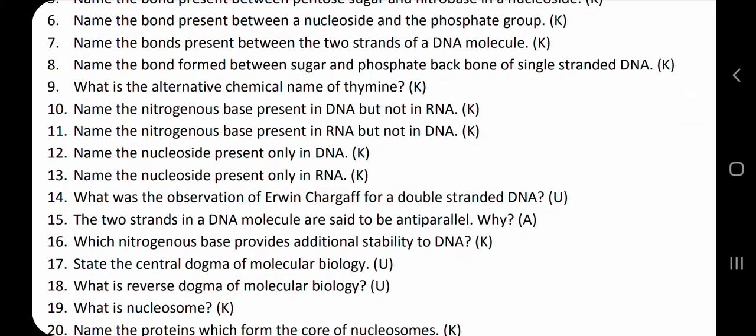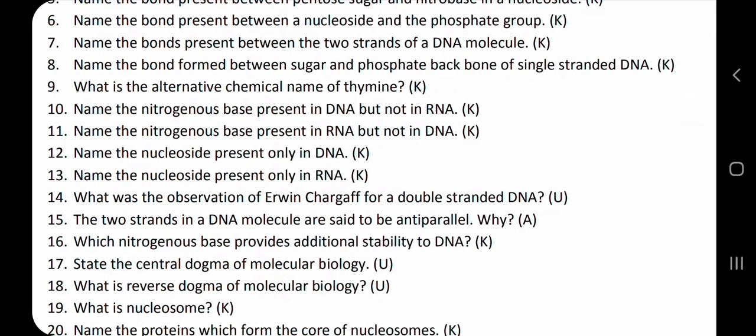17th question. State the central dogma of molecular biology. The central dogma of molecular biology states that the genetic information flows from DNA to RNA and from RNA to protein.